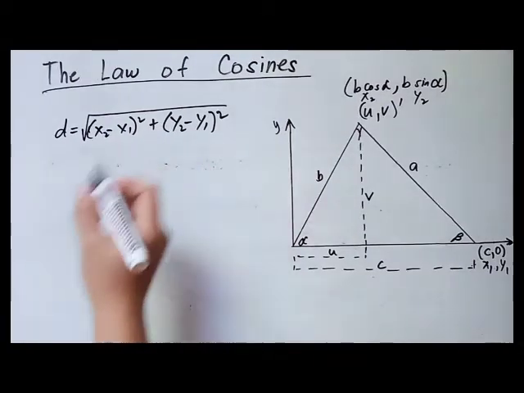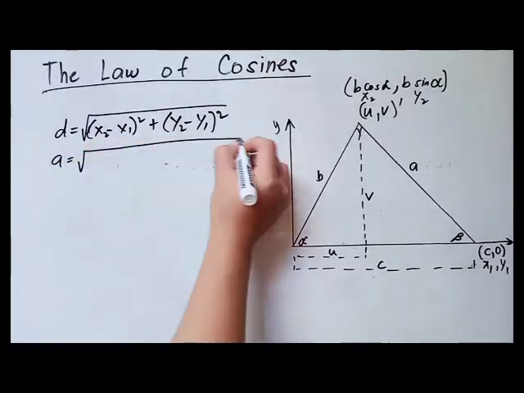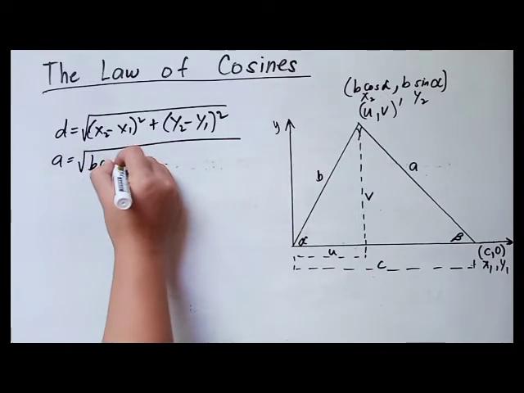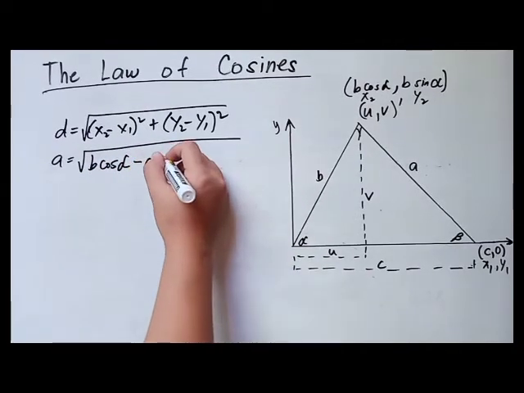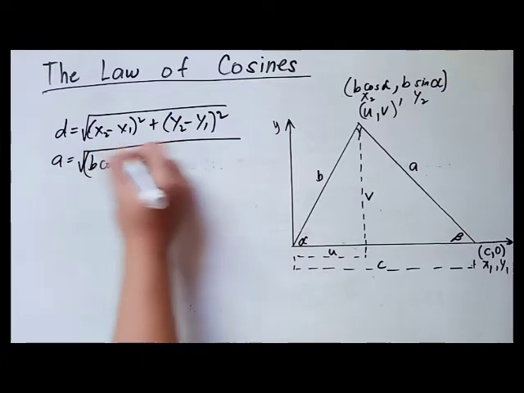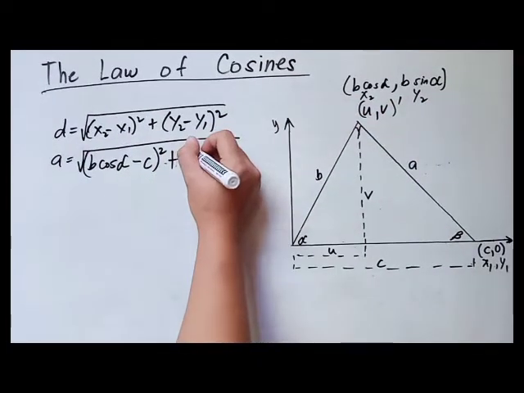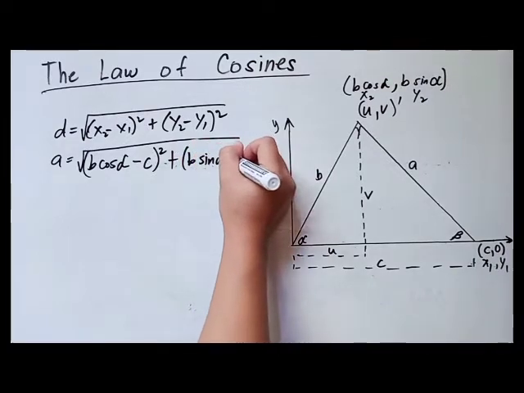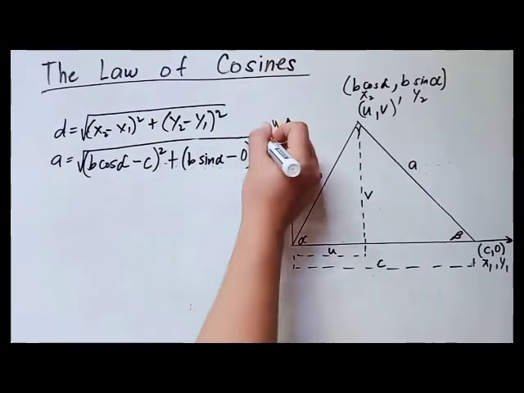So let us just replace b with a. Substituting, our x sub 2 is b cosine alpha minus our x sub 1, which is c, squared, plus our y sub 2, which is b sine alpha, minus our y sub 1, which is 0, squared.